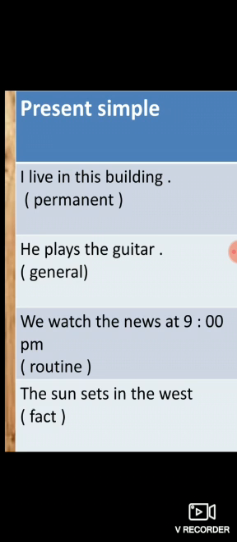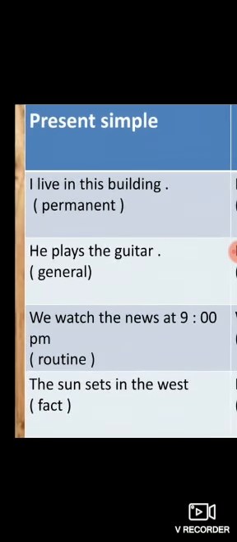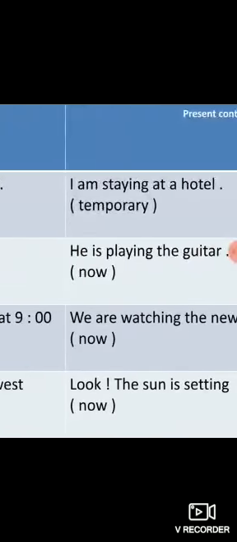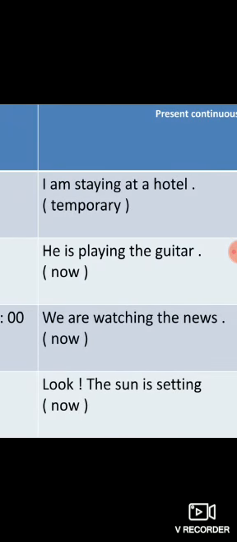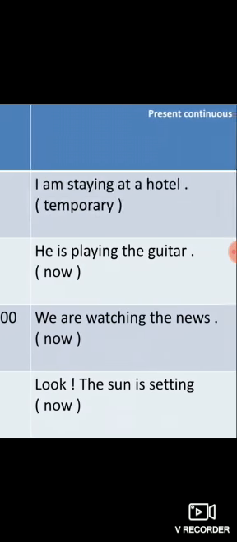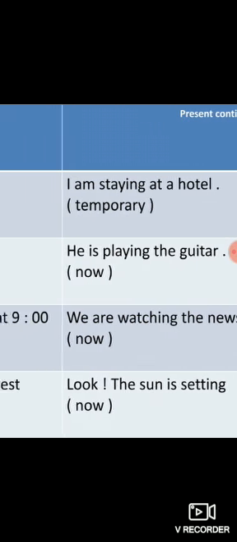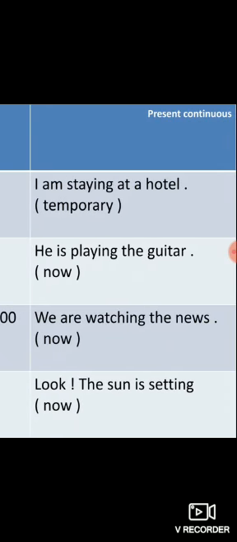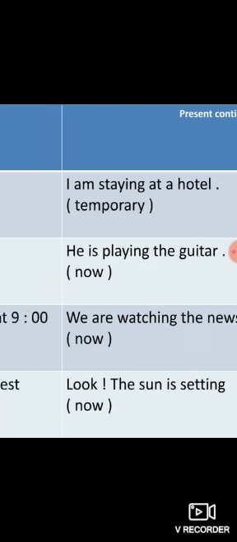It's an everyday routine. We watch the news at 9 p.m. So that's something that happens regularly. We could say we are watching the news now. Again, this means that it happens right now, at the moment of talking.